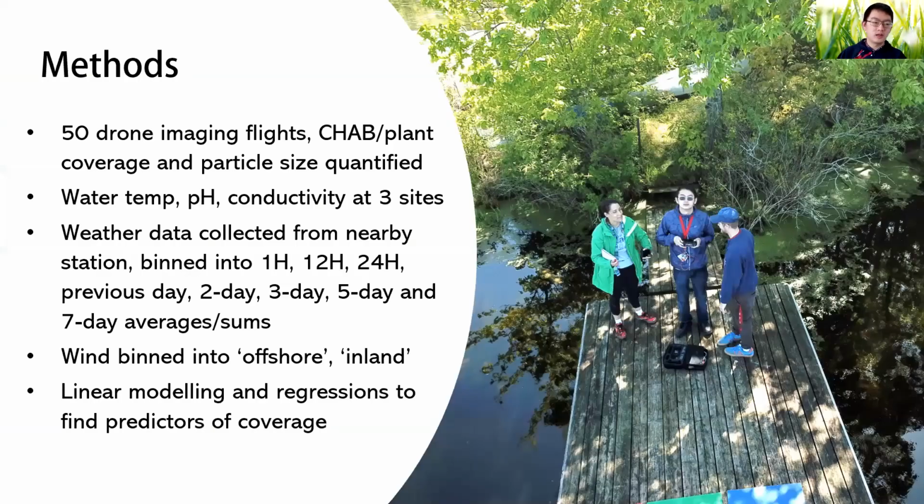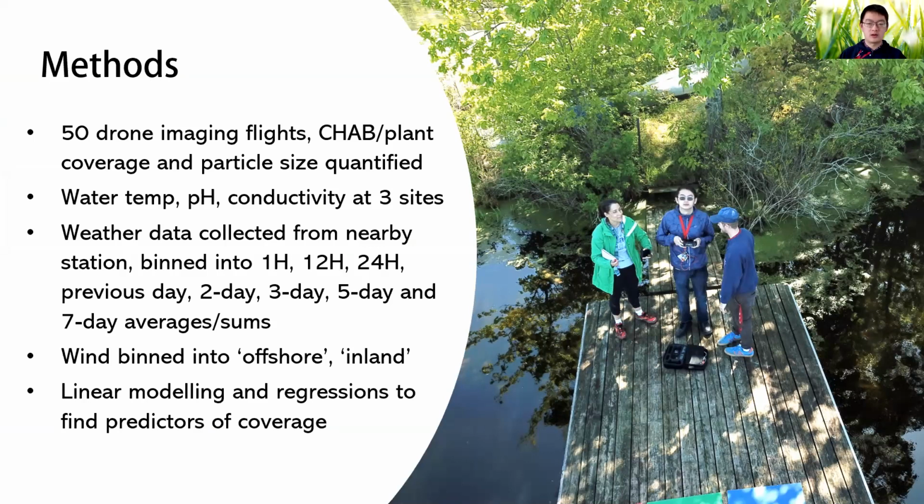So to do this, we conducted drone flights. So we did 50 drone flights using a Mavic Pro drone, which is a consumer grade UAV with a 12 megapixel camera. Our imaging covered a 30-hectare area with a resolution of 3.1 centimeters per pixel and 25-minute flights. Surveys were once every 2 weeks in June and July, weekly in August, and every 3 days in September and October.